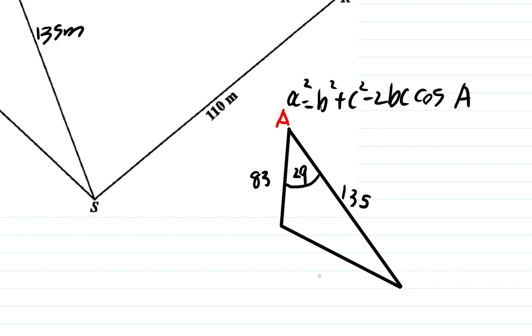If this is angle A, the side lowercase a is this. After that, you could make any other angle B or C. Suppose we make this angle B, the 135 would be side small b. So this angle is big B, this side is small b. And this angle here is big C, so the 83 is small c. So let's work with that now and see what happens.